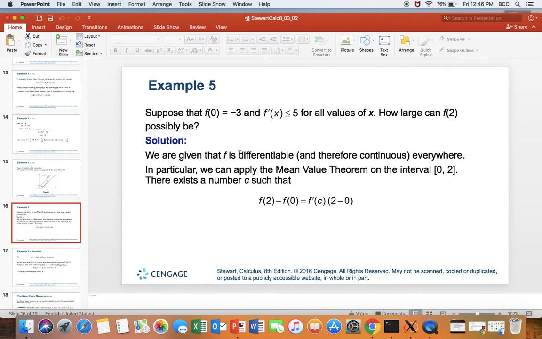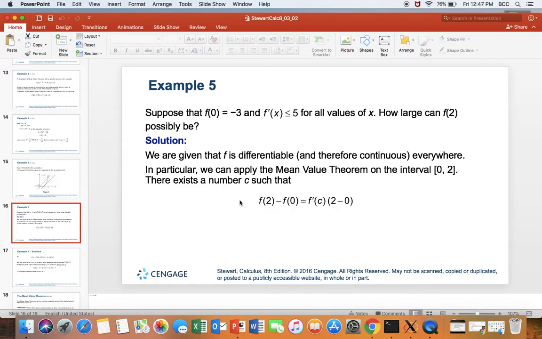Well, we are told f is differentiable. That's why we can find the derivative. If something is differentiable, then it is automatically continuous everywhere, because it holds for all values of x. In particular, let's just go from 0 to 2, closed interval. My function is continuous here and differentiable on the open one.